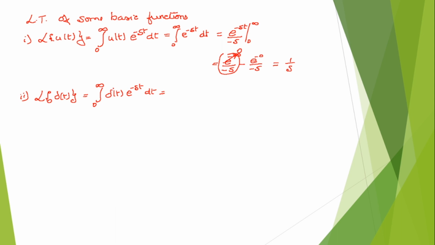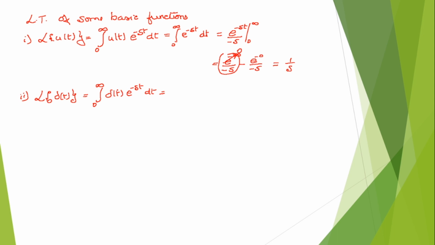Now this delta of t is 1 only when t equal to 0. For all other intervals, 0.001 to infinity, it is 0. So the entire thing becomes 0.